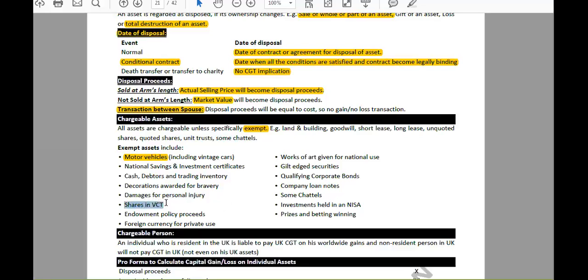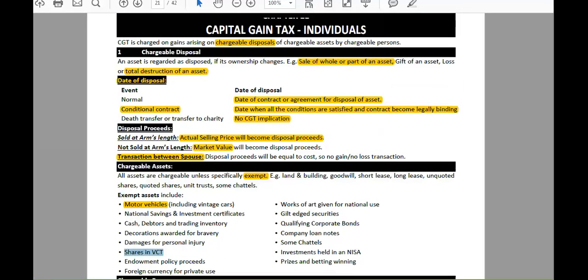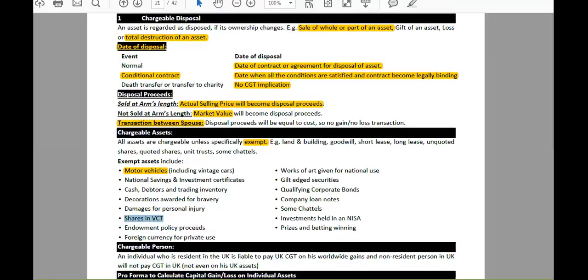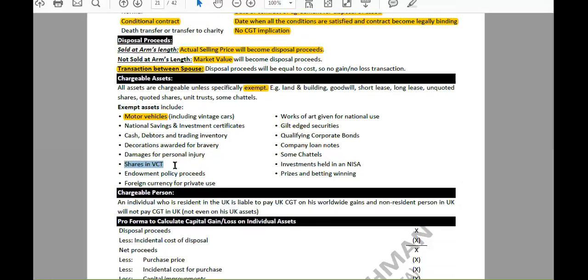Please remove this point, I will exclude this point from your notes. Shares in VCT, these are special types of shares and all types of VCT are exempt in capital gains tax.